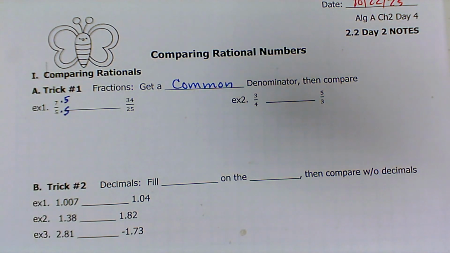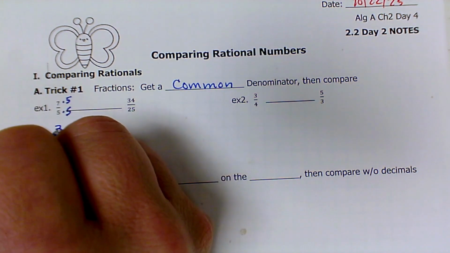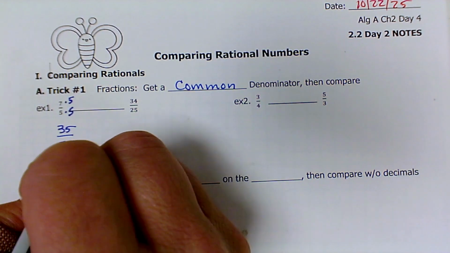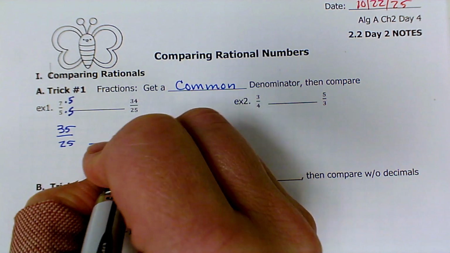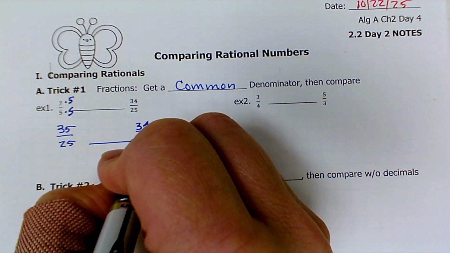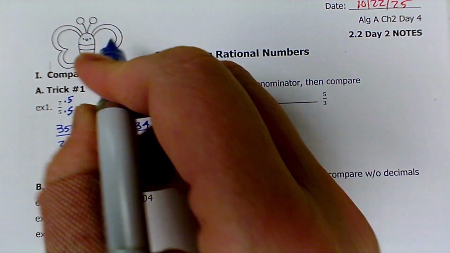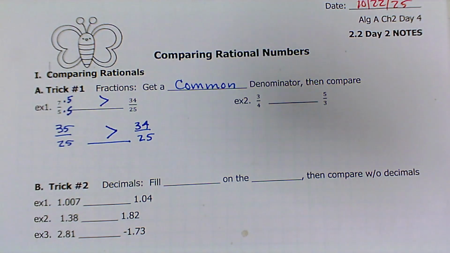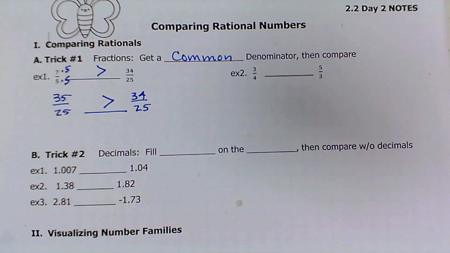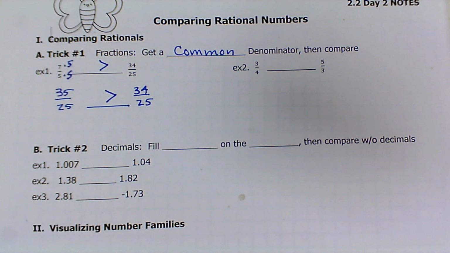You always multiply by the same number over itself. That gives you 35 over 25, which is much easier to compare with 34 over 25. Obviously, 34 is less than 35, so the small end goes on the 34 over 25. It's much easier to tell which one's bigger when the bottoms are the same.